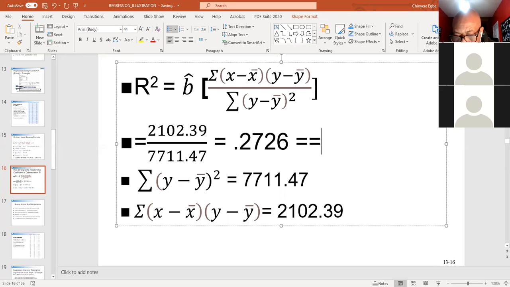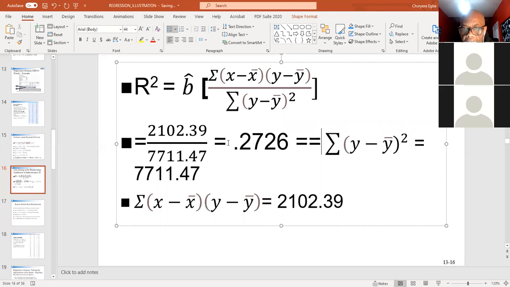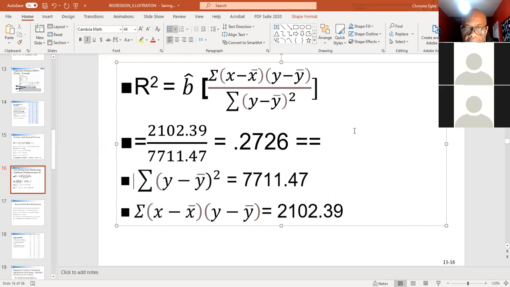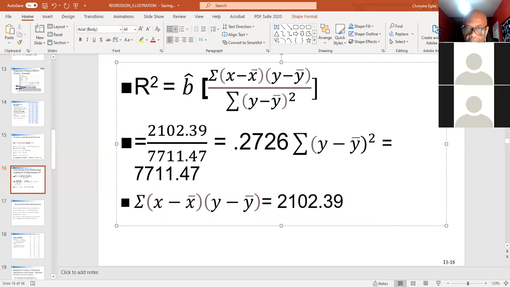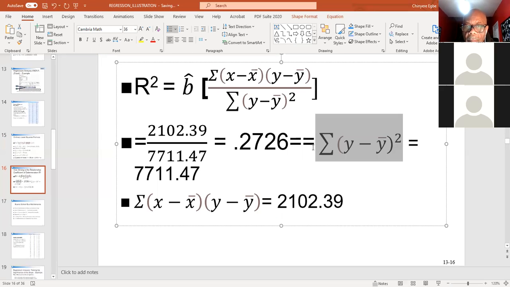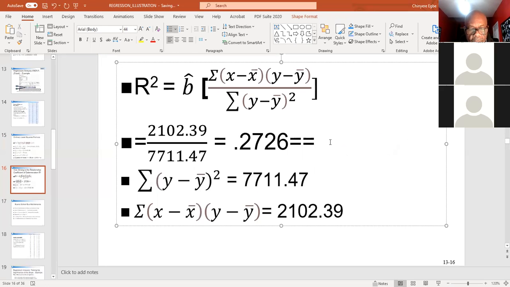It simply says that 27.26% of changes in stock price are explained by changes in dividends.